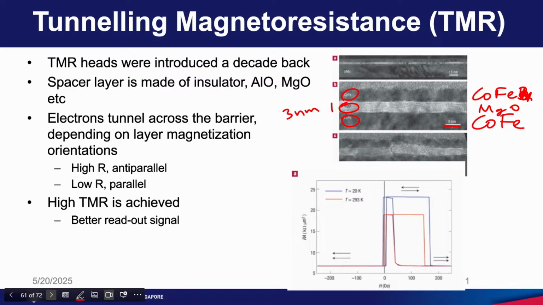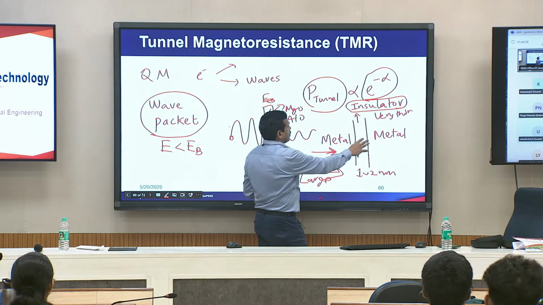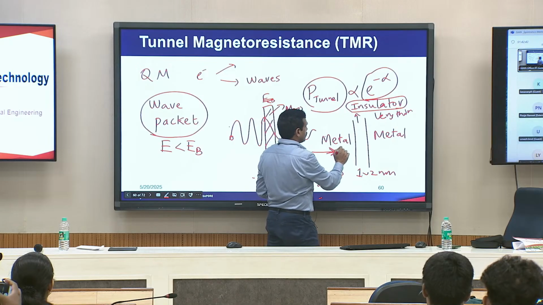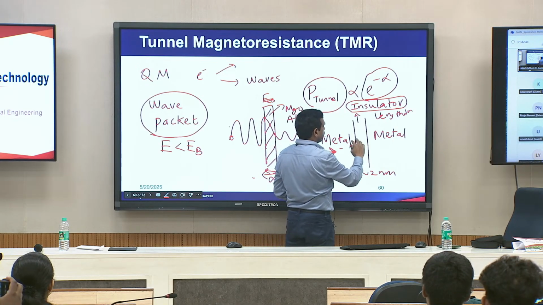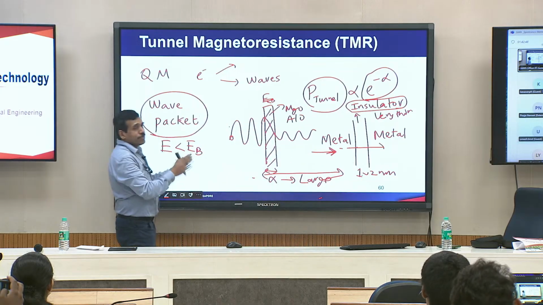Okay. So, we just talked about simple tunneling. That means, if you have a metal and another metal with an insulator between them, you send current, then there is a probability that electrons will tunnel and the current will flow. Okay. That is simple tunneling.